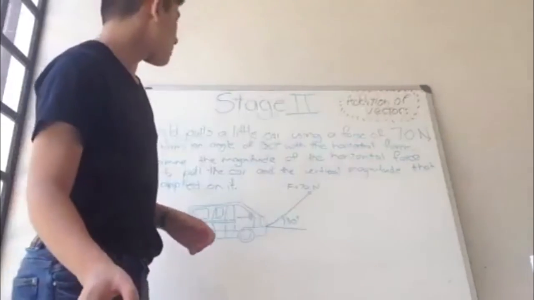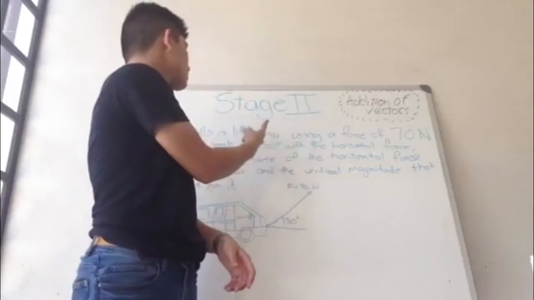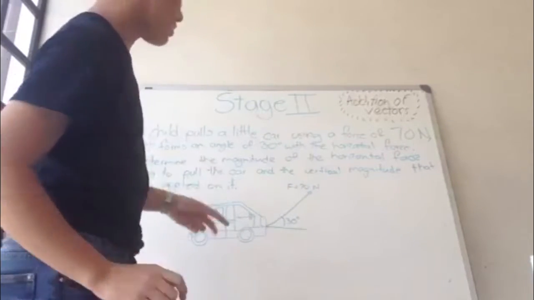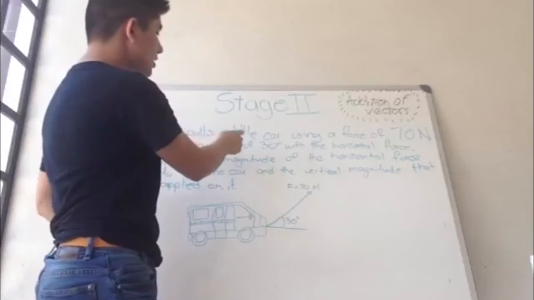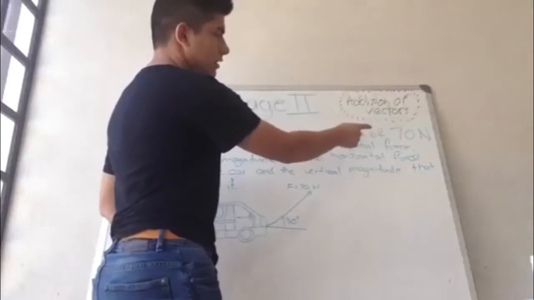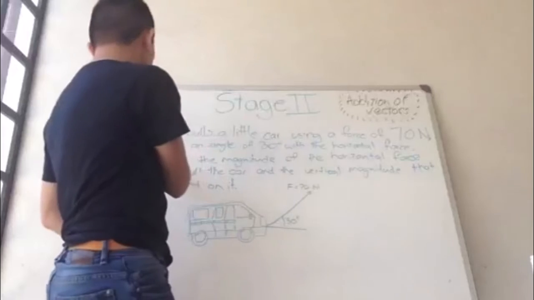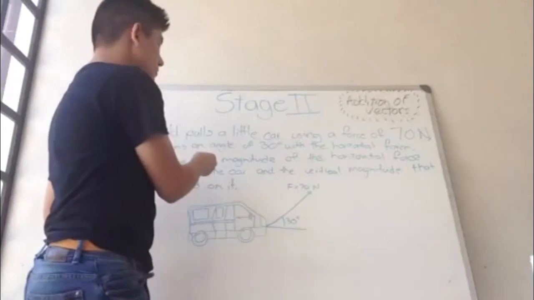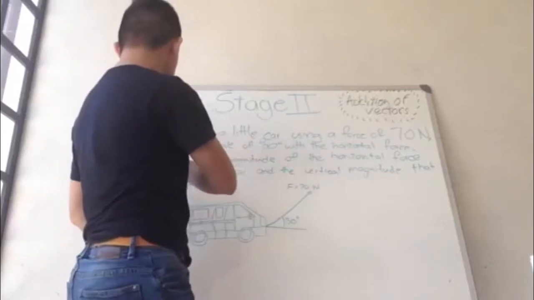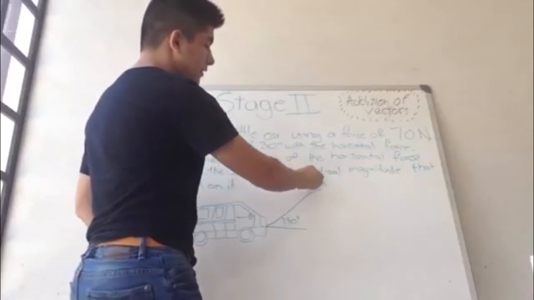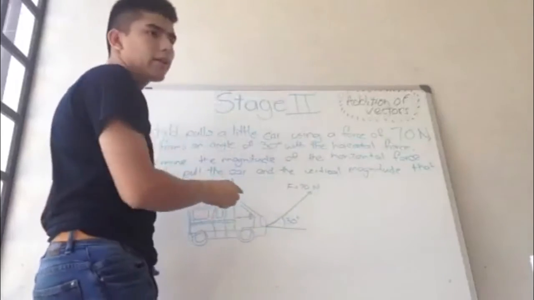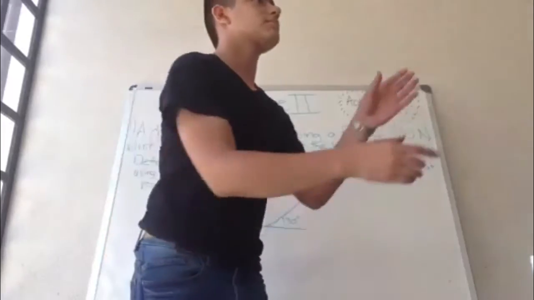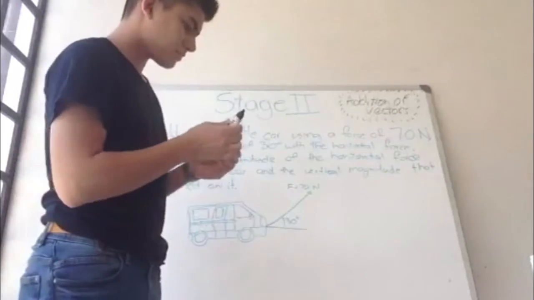Hello, I'm going to do stage number 2, vector addition. Okay, here we have the problem. A child pulls a little car using a force of 70 newtons, which forms an angle of 30 degrees with the horizontal. Determine the magnitude of the horizontal force used to pull the car and the vertical magnitude that is applied on it. Black marker, please. Thank you.